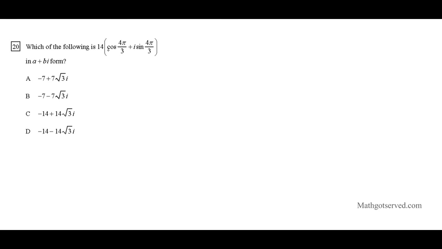For 20, we want to convert this complex number in polar form into rectangular form. So we have 14 times cosine 4 pi over 3 plus I sine 4 pi over 3. We simply use our chart to evaluate these trig values, and then we'll distribute 14 into both of them.